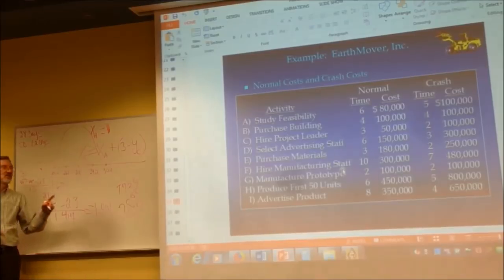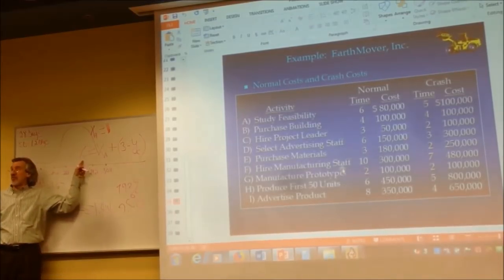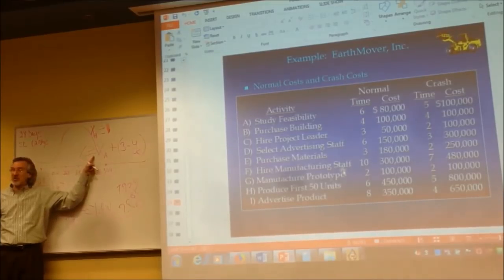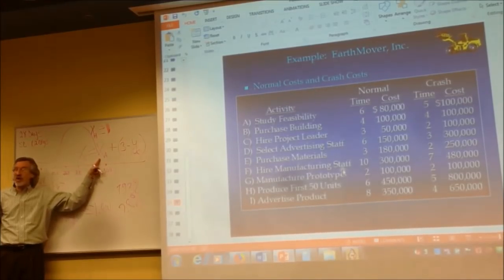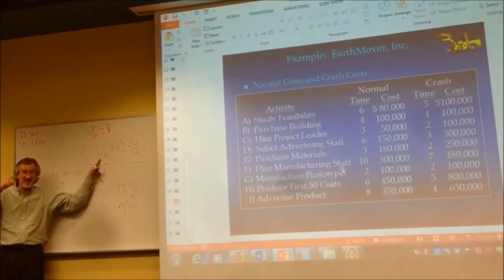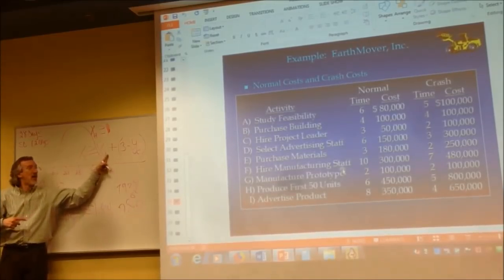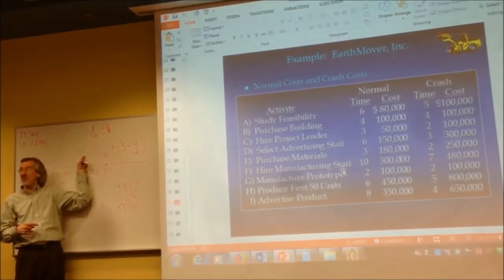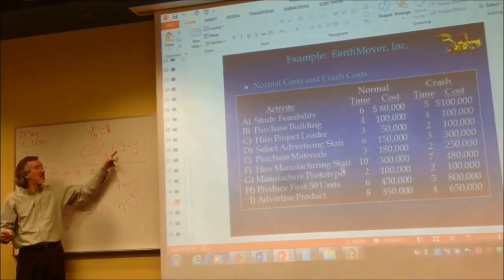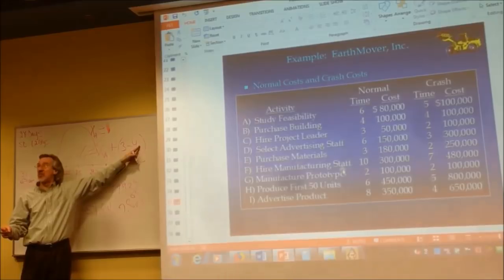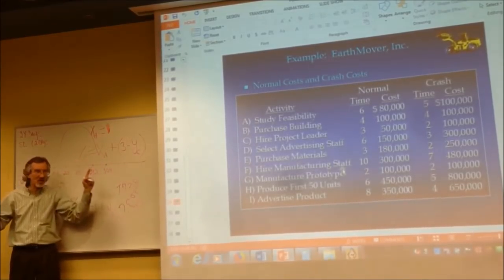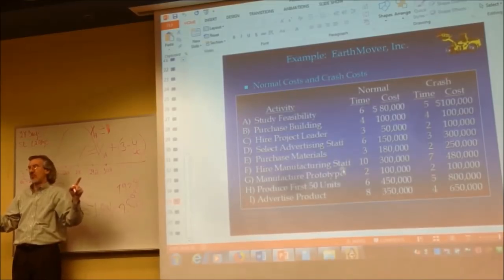So everybody, I want to say this again. It's the x variable for whatever activity you're writing this activity constraint for, greater than or equal to the x variable for whatever activity precedes the activity you're writing this for, plus parentheses, the normal time that the activity you're writing this for is supposed to take, minus the y variable for whatever activity it is you're writing this for. You've got to go one step farther that you won't see on the PowerPoint.